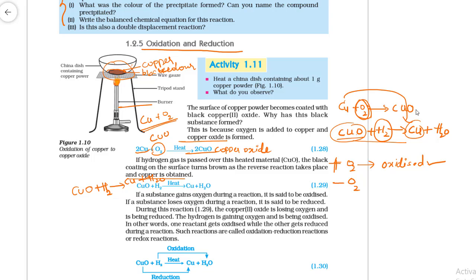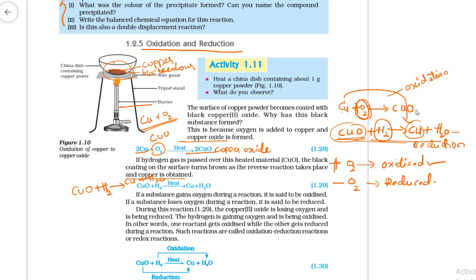If a substance loses oxygen, we say it is reduced. So here the copper oxide is losing oxygen, so we call this reduction. And here the copper is gaining oxygen, and we call this oxidation.